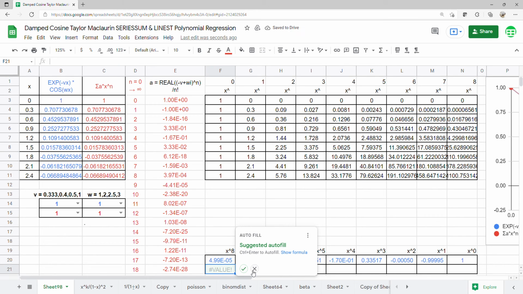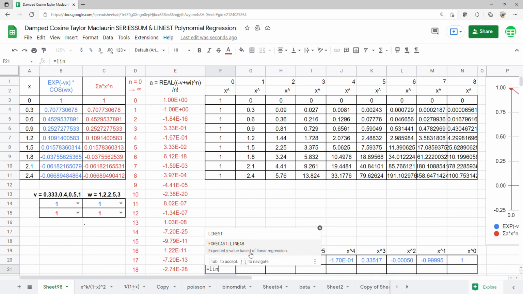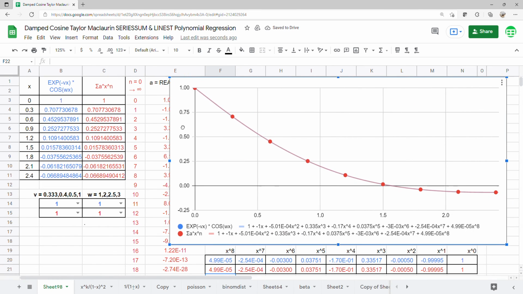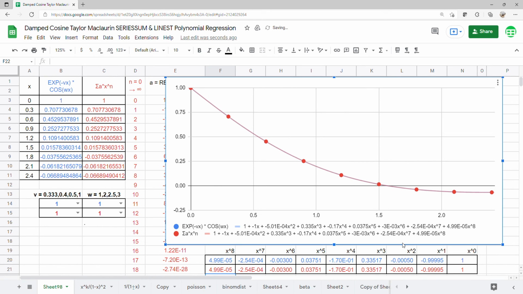Again, we also use LINEST here. Data y and data x. And now we can compare. So coefficient of x to the 0, 1.